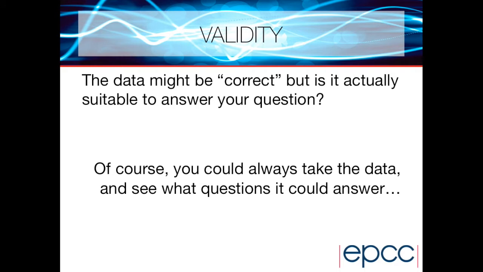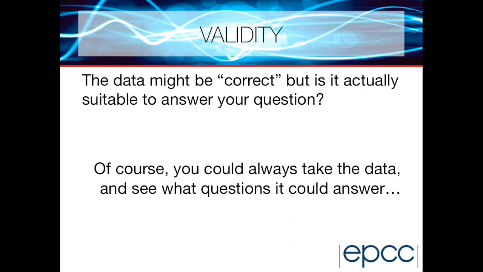The next one is validity, and this is related to veracity, but it's slightly different. The data might be correct, but is it actually suitable to answer your question? So again, there are things that can help with this, and it really boils down to understanding as much about the data as possible when you're using it.